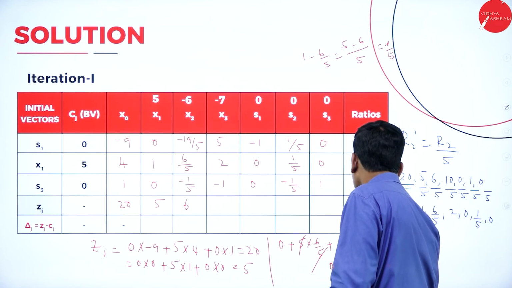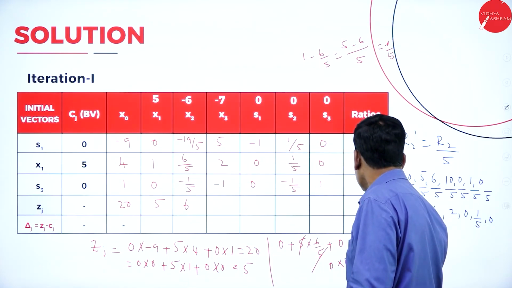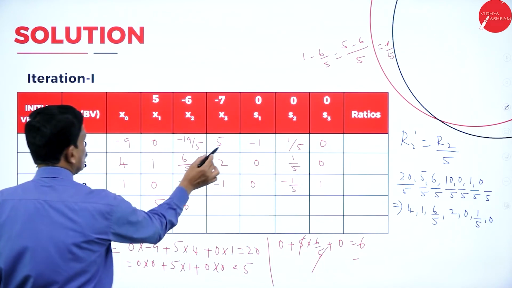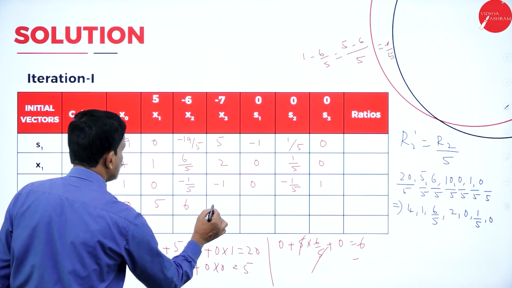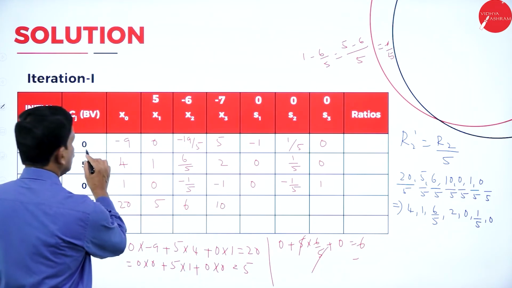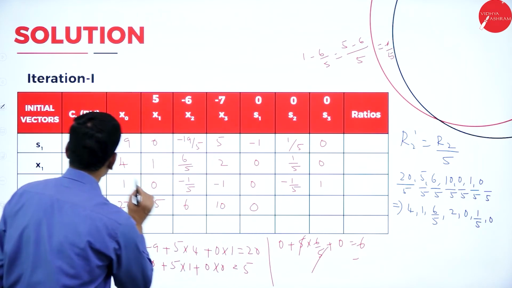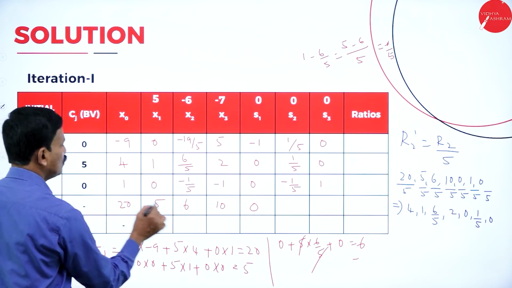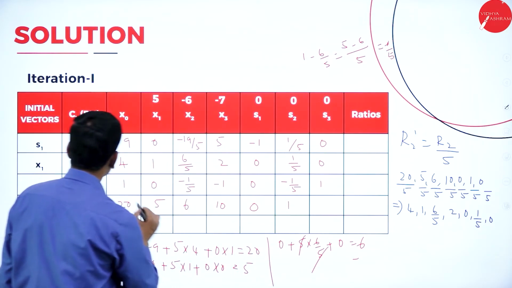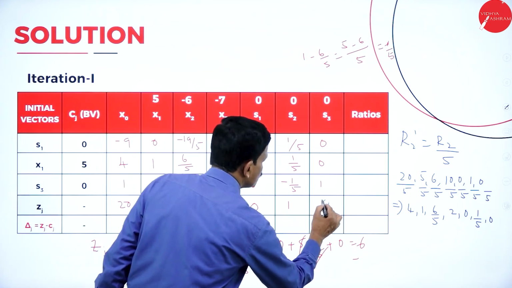Again 0 into 2 plus, see, this is 0 into 5 is 0, 5 into 2 is 10, 0 into minus 1 is 0, this is 10. Again 0 into 1 is 0, 5 into 0, 0, this is totally 0. Again 0 into 1 by 5 is 0, 5 and 5 gets cancelled, 1 plus 0 is 1. Again 0 into 0, 0, 5 into 0, this is again 0.